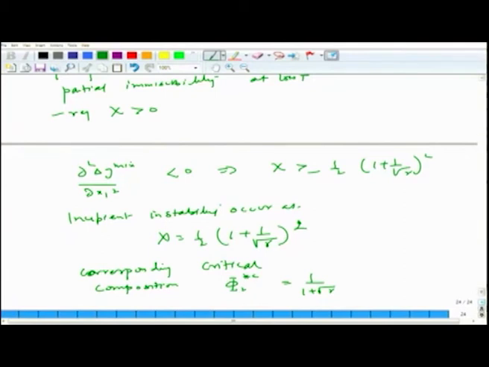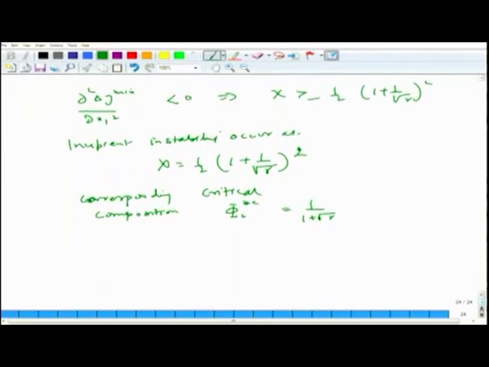So, let me make just a last few comments. If you put r equal to 1, this will give us the same analysis as done for the Margules equation.